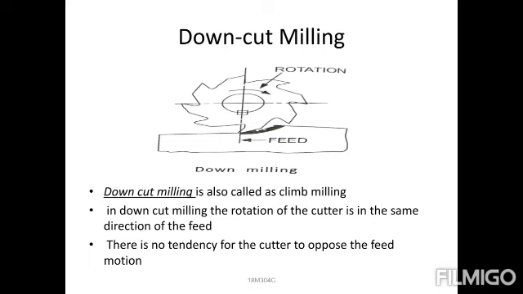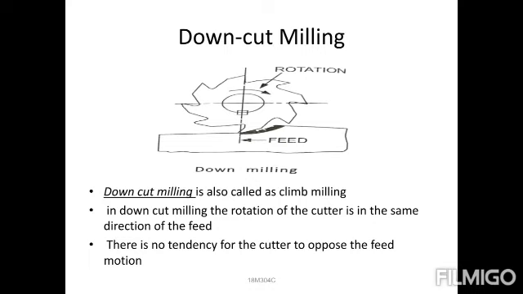Then next one is the downcut. In downcut you can observe that the force and the workpiece movement are in the same direction, right? It is also called climb milling.